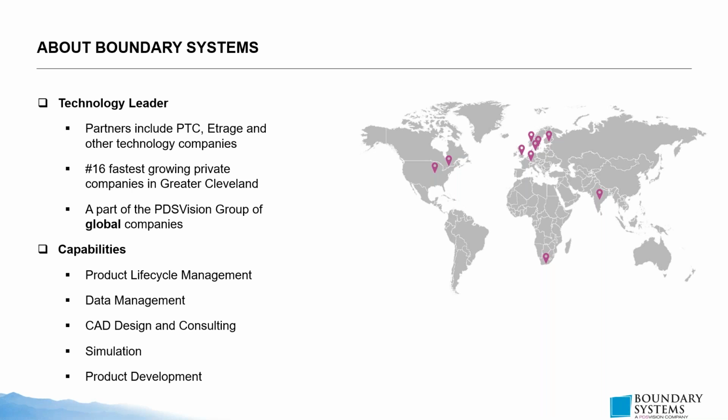If you look at the map on the right, you'll see all the companies that fall under PDSVISION. We cover most of the time zones, so we're able to give 24-hour support because of the number of companies that are part of this group.